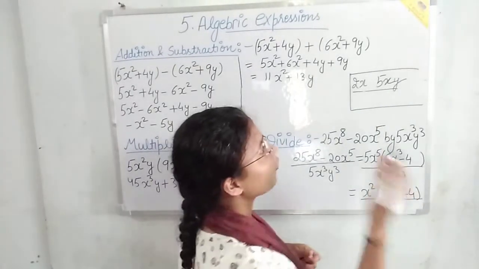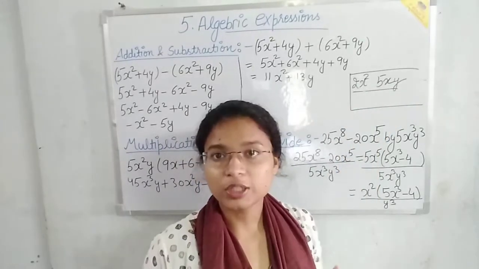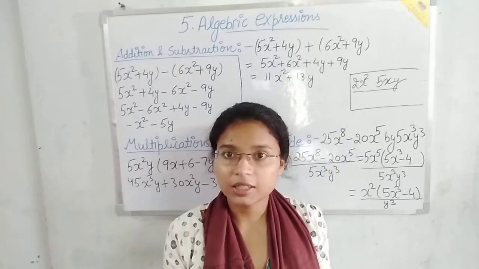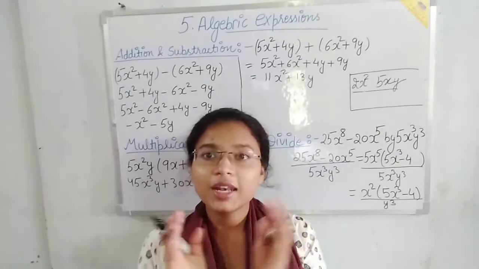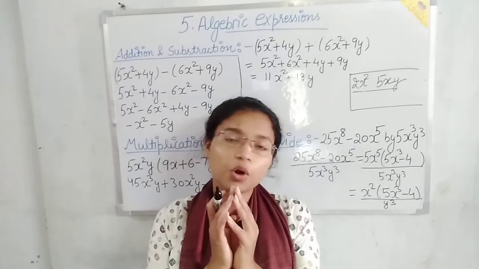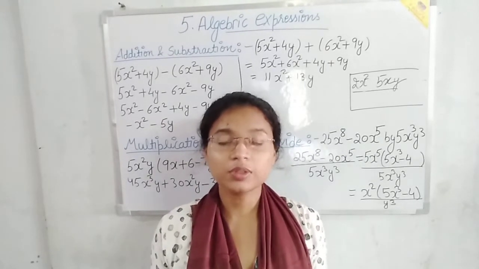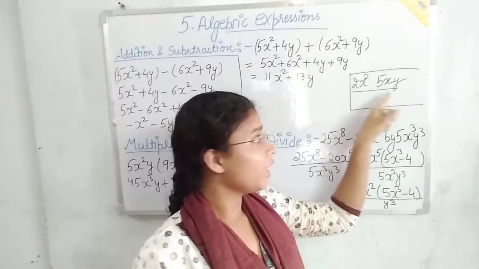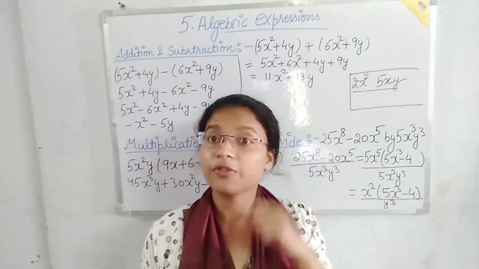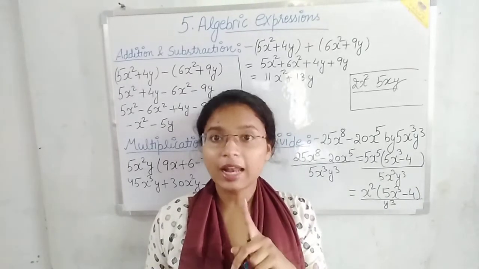In the same way, if here it is given 2x square and here it is given 5xy, then both are also unlike terms. So for being like terms, their variables should be same. Don't bother about the constant terms like the numerical terms, just compare the variables. If the variables are same, then we can say the terms are the like terms.